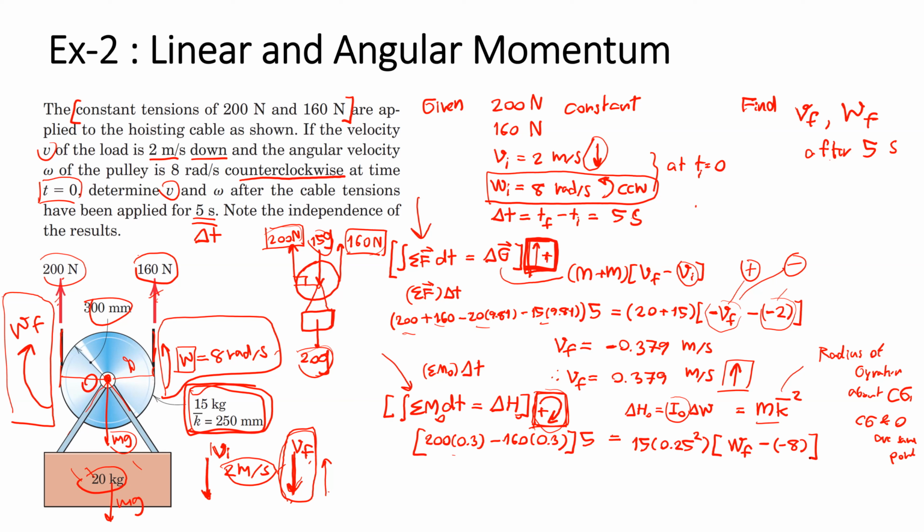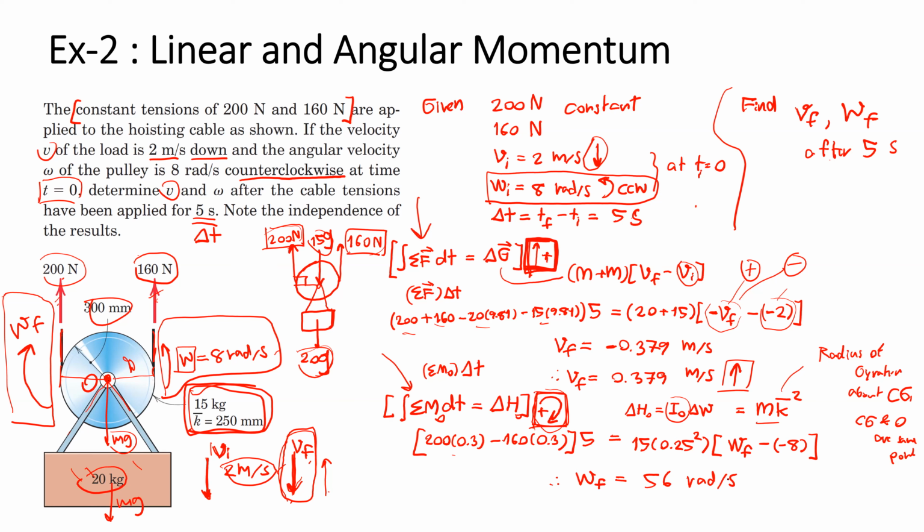So again, by solving this equation, we have omega final. The numerical value is 656 radian per sec.